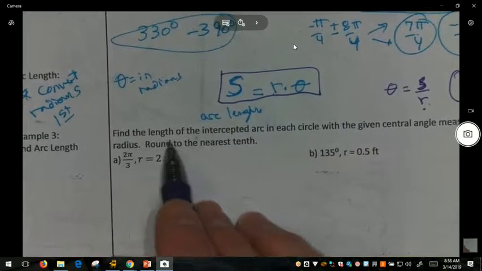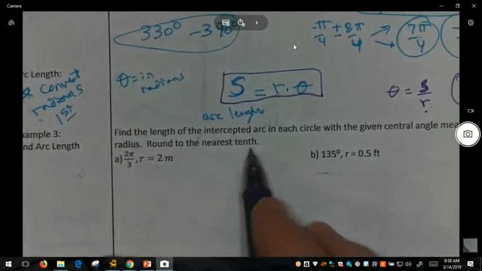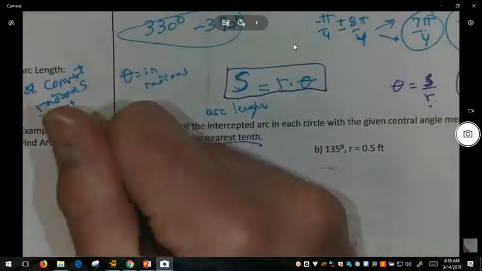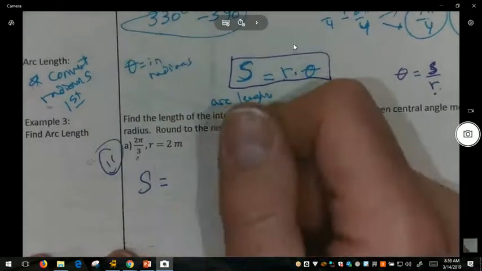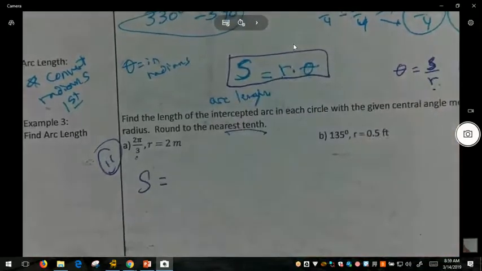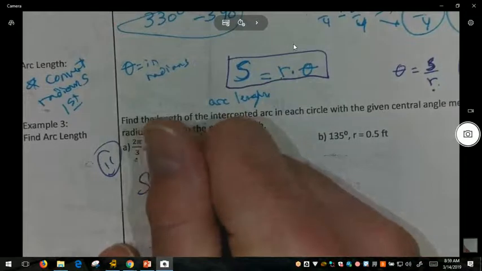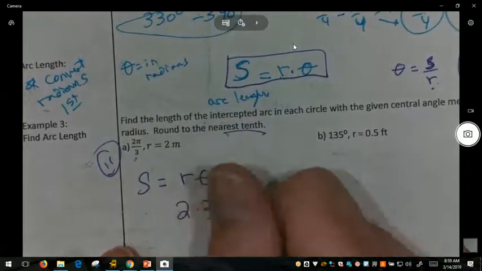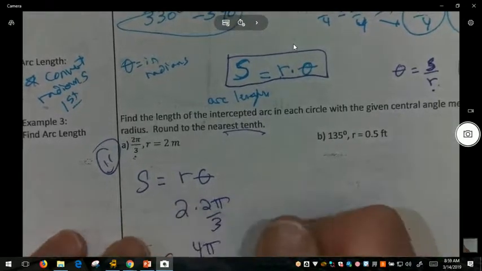So here we are asked to find the length of the intercepted arc in a circle with the given central angle measure and radius. Round to the nearest tenth. This angle is already given in radians, so we don't have to convert it. So to find the arc length, I could look at where 2 pi over 3 is on the circle, but right now I'm just going to follow the formula. We have r times theta, so I have 2 times 2 pi over 3, which is simply 4 pi over 3 would be the arc length.